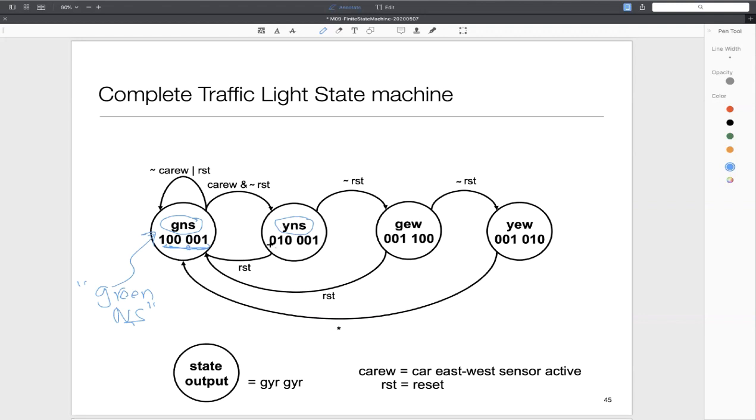Yellow, north, south would be 0 1 0, and then of course it would still remain red in east, west. Green, east, west, similar coding, and yellow, east, west, similar coding. So that's my output, this is the output to light.